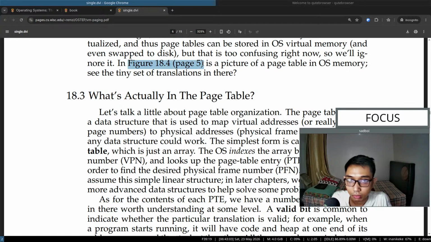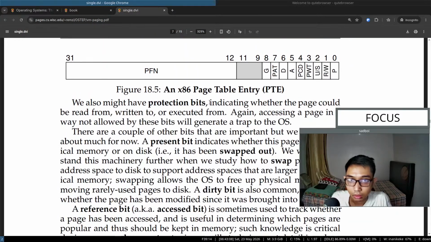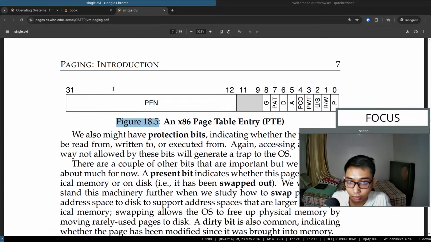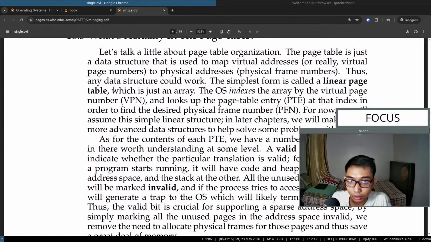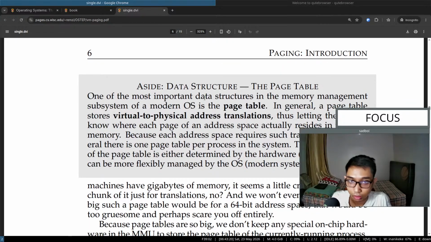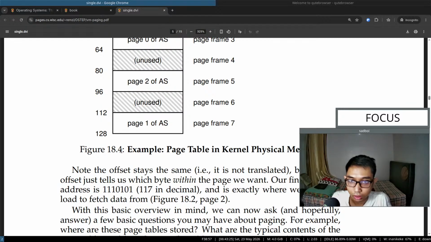Figure 18.4, page 5. Oh, this one. Wait a minute. 18.4 or 5? 18.4. Oh, this one. Okay.